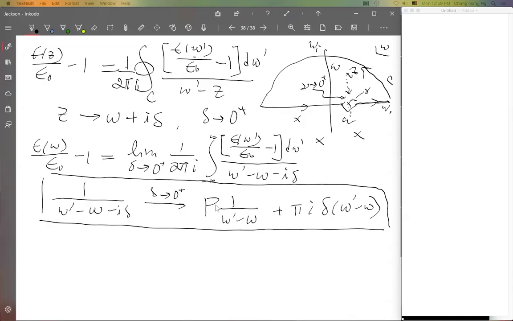Because you have a singularity, if you just integrate over it, you get infinity or something undefined, and that's not good. But once you define your way to integrate it, this principal value can give you a finite result. Okay, so that's the trick.